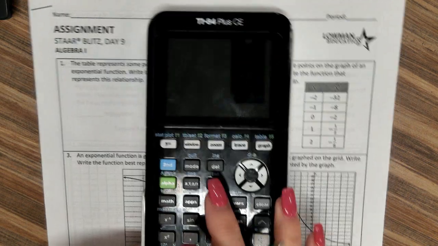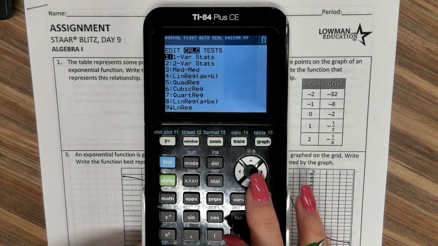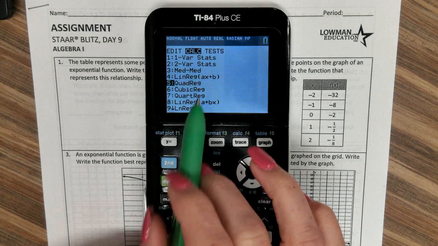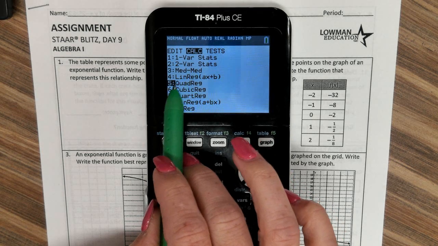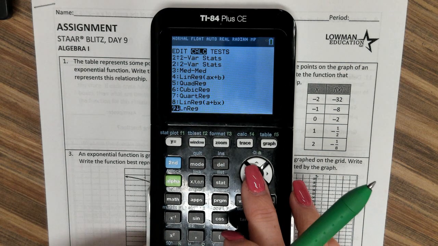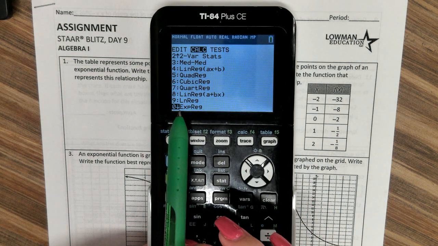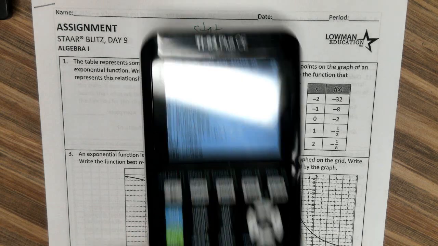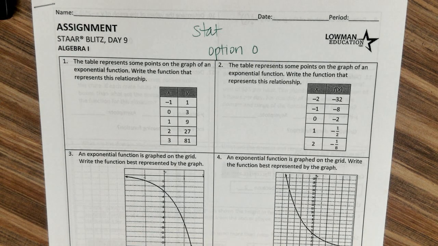If y'all look at stat, as soon as you go to calc, you can scroll, like you'll see 4 says lin for linear, 5 says quad for quadratic, and if you keep scrolling to 10, which is 0, exponential. Okay?